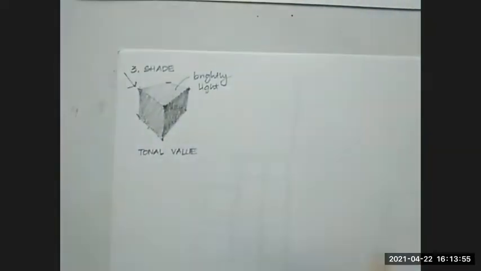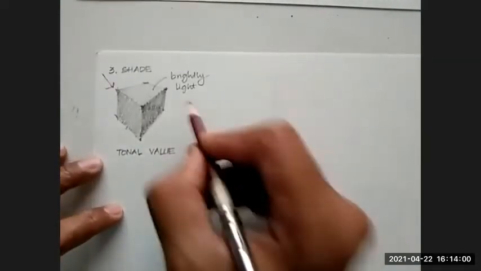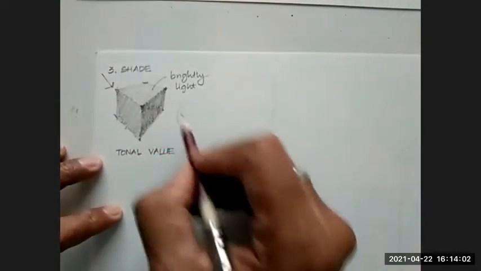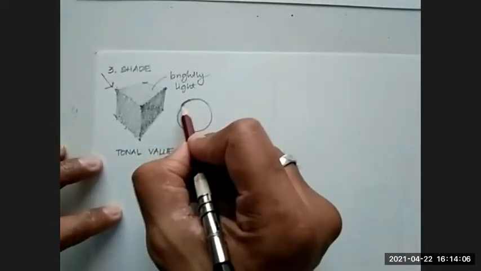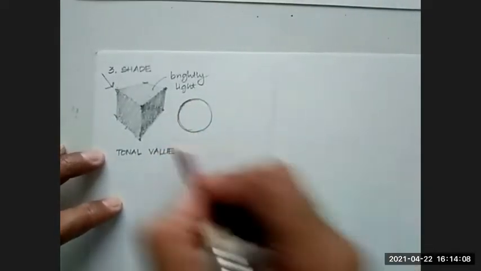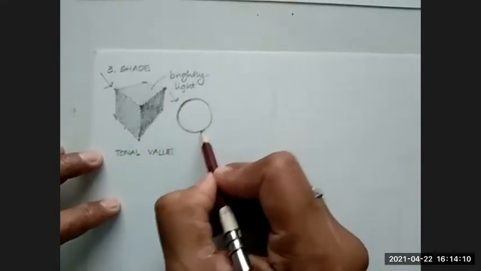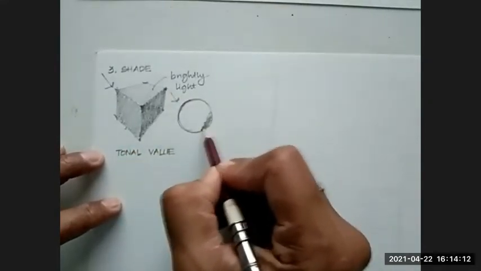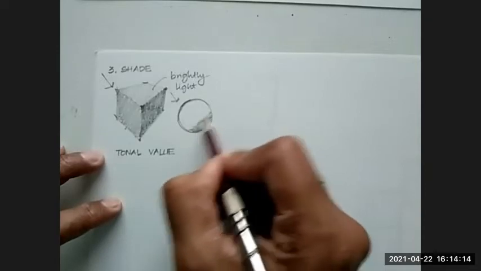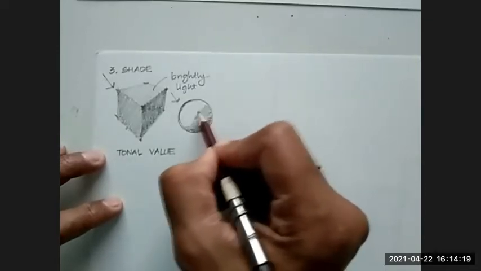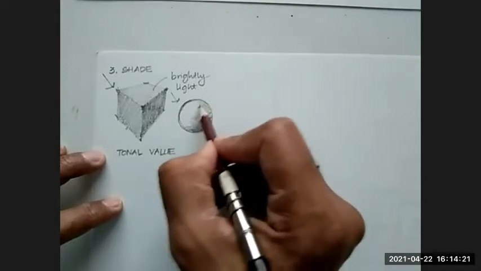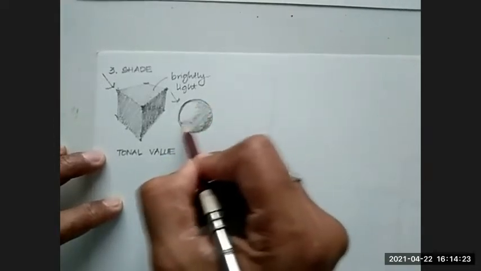Okay, so you get instant 3D-ness to any particular object. It could be a circle. Now it looks like a circle, but the moment you start shading it and give it a diagonal shade, a gradient, you will see that the whole nature of the shape changes and it takes the form.